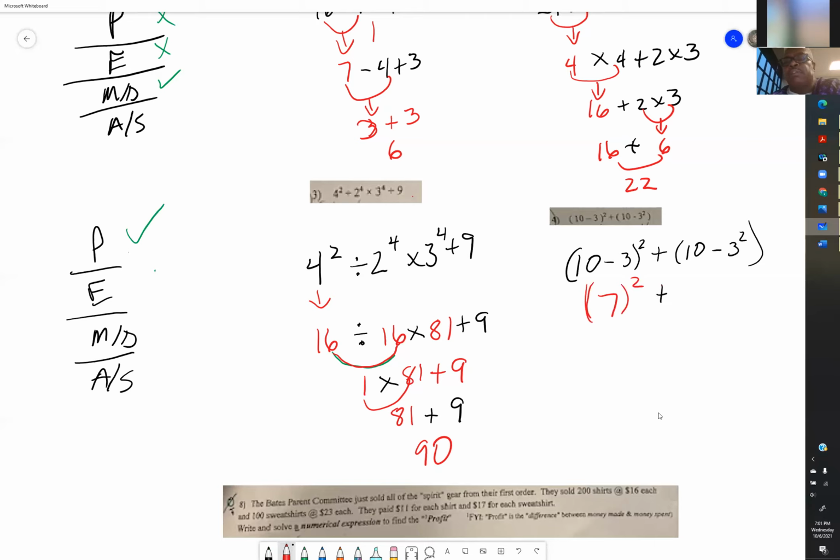And this says 10 minus 3 squared. Listen, there is an extra operation inside the parenthesis. We have an exponent and a subtraction sign. So what comes first? So we do our little list again. I'm going to put it over here in small letters in some weird color.